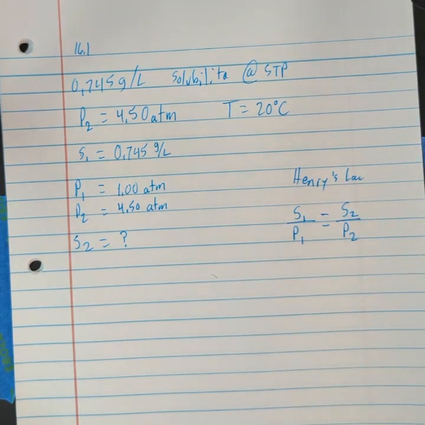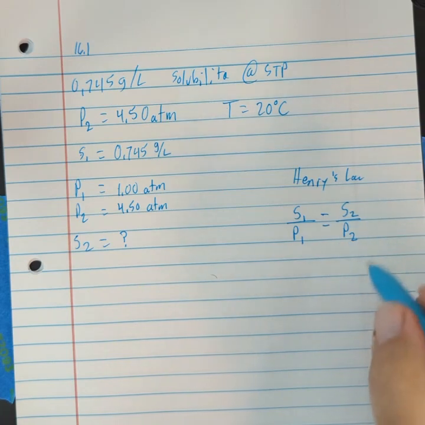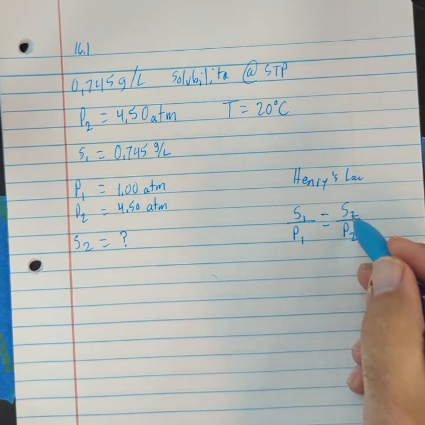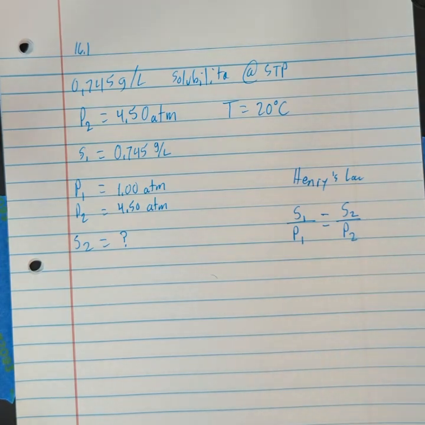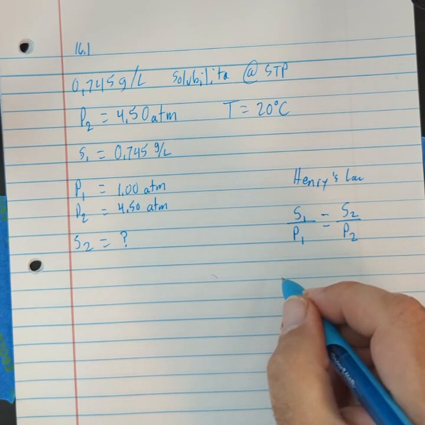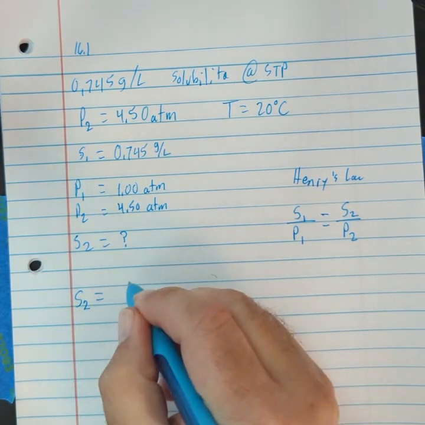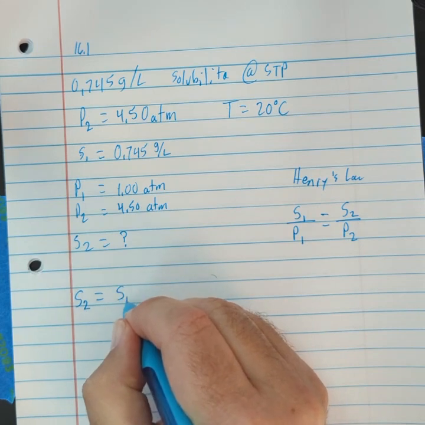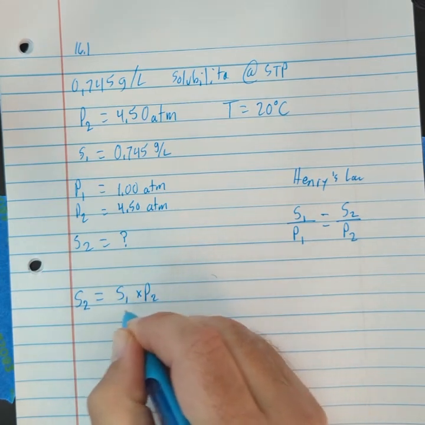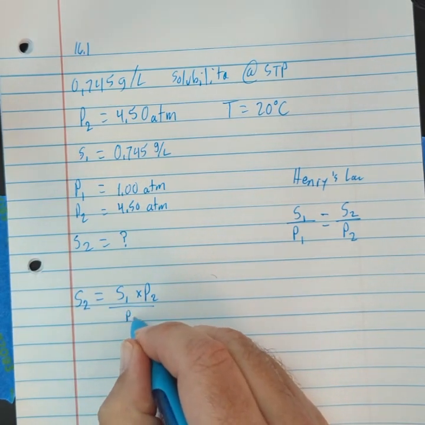Now we need S2, so we're going to rearrange this for S2. We're just going to multiply both sides by P2, so we end up with S2 equal to S1 times P2 divided by P1.